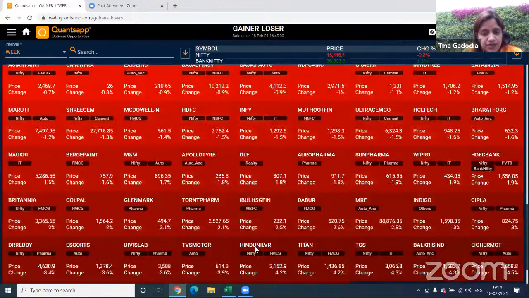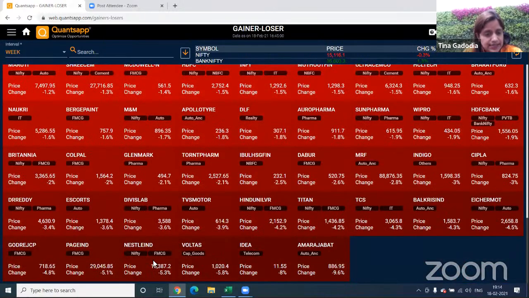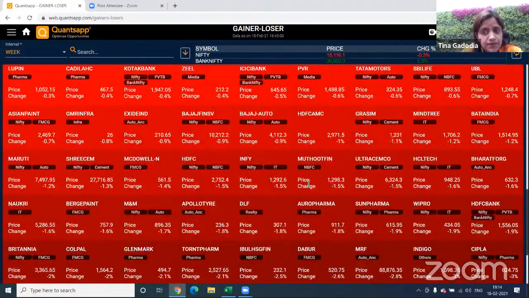On the negative side, you had Idea, Voltas, Nestle. FMCG stocks were laggards. So this was clearly seen from the entire week perspective. We saw the FMCG were completely sidetracked, or they were actually seeing the correction taking place. Pharma was also subdued. Pharma did not perform that much.